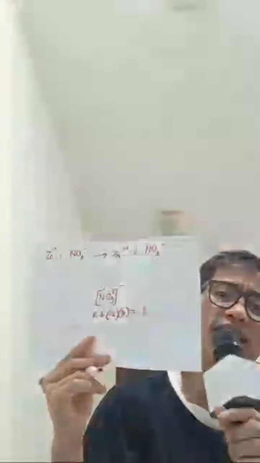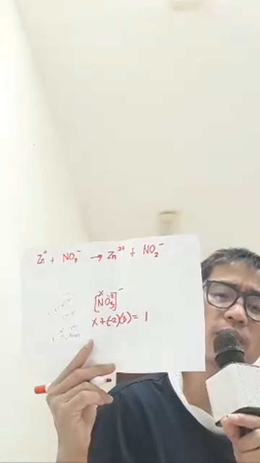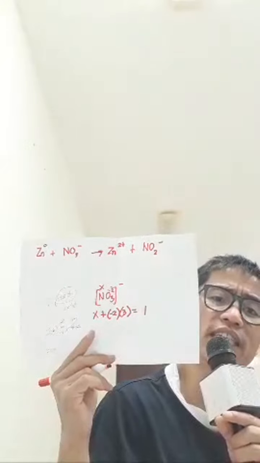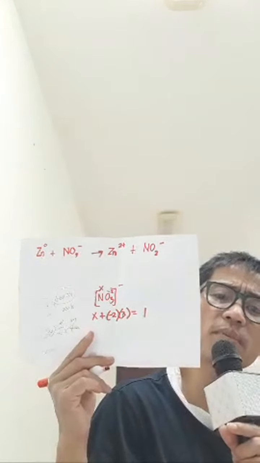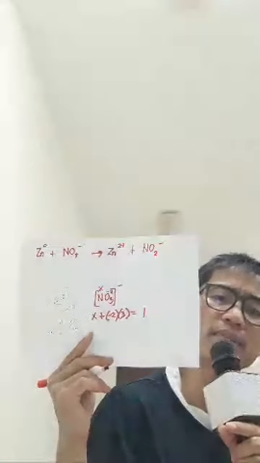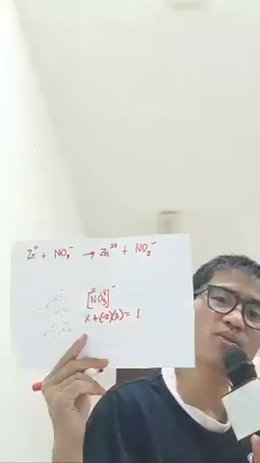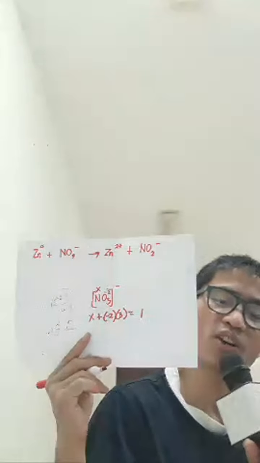In this case, the subscript is the 3 and the superscript is the negative 2. In dealing with charges and oxidation number computation, we need to multiply the superscript and the subscript. But remember, for the atoms, we need to multiply the coefficient and the subscript.